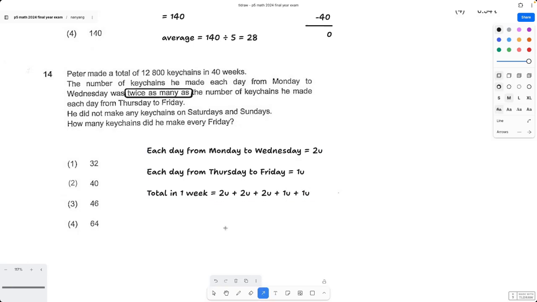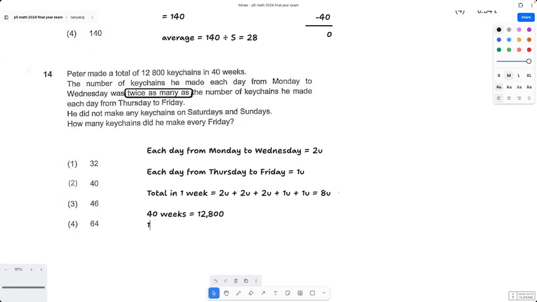So in this case, I'm just going to draw some arrows. This is from Monday to Wednesday. So that gives 8 units. Now, 40 weeks is equal to 12,800.